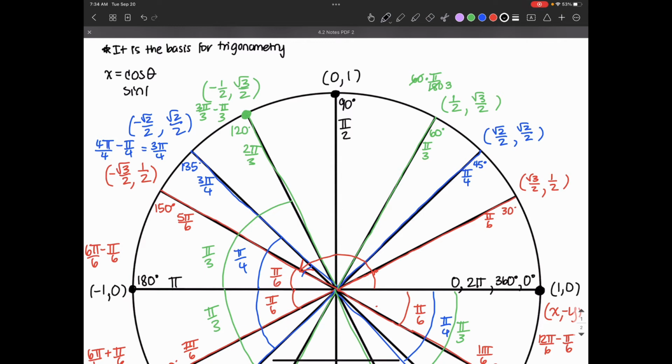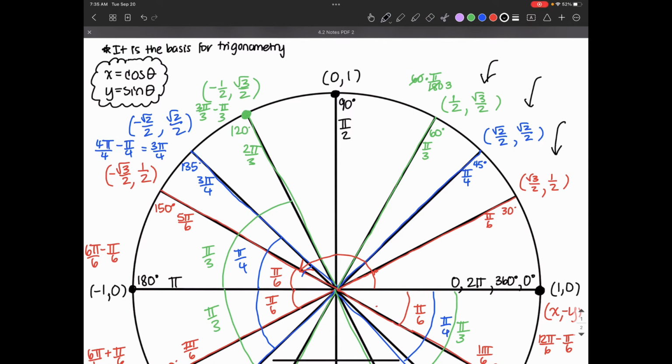And when I do sine of theta, that's opposite over hypotenuse, so it's the y value over 1, which is just the y value because I don't need to write the 1. For example, if I did cosine of 30 degrees, I would get the square root of 3 over 2, and if I did sine of 30 degrees, I would get 1/2. That's why these coordinates are important. The x values in the coordinates are always equal to cosine of theta, and the y values are always equal to sine of theta.